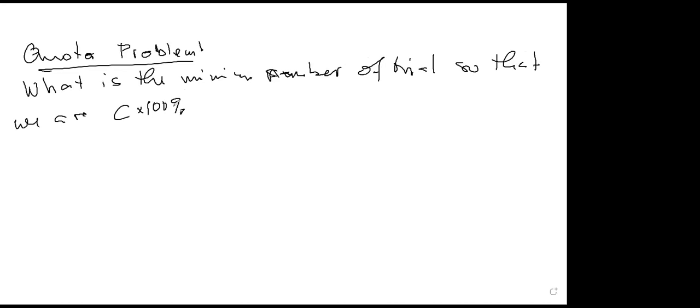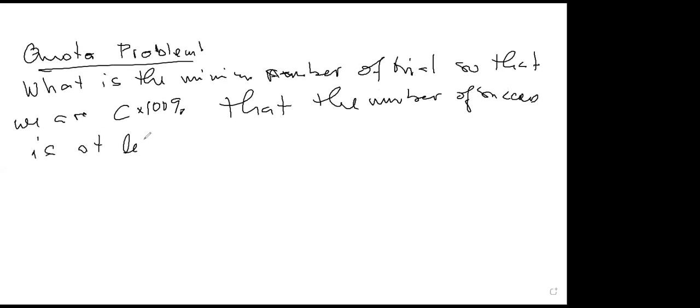When I say C times 100%, it means that if I say 95%, C will be 0.95. If I say 90%, C will be 0.9. We are confident that the number of successes is at least K. That is, we are saying that the probability that the number of successes is at least K is greater than or equal to C.